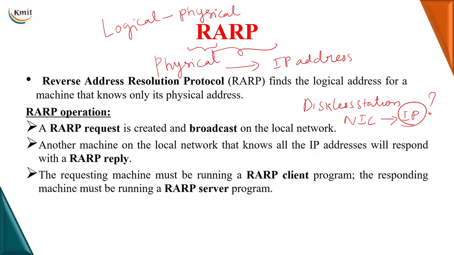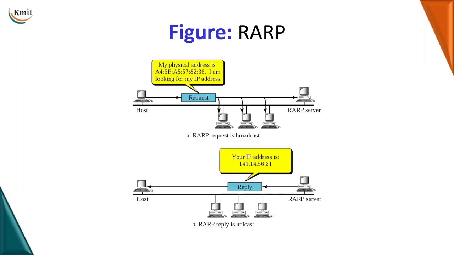This is done using the RARP protocol, where you create a RARP request. You can see here there is a host. It is creating a RARP request citing its own physical address and looking for an IP address. This request is broadcasted, but it can be answered by a RARP server only.